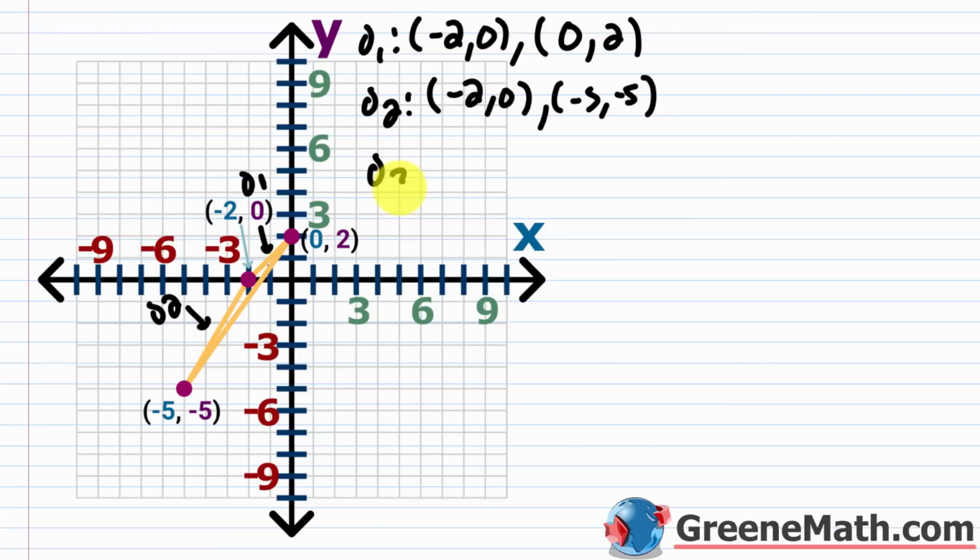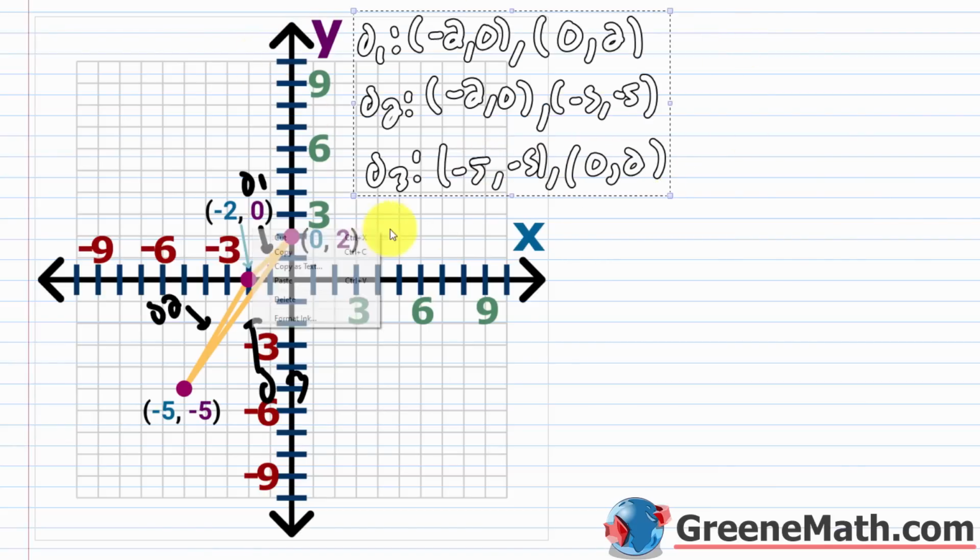And then for D sub 3, let's say that's this piece right here. So clearly that would be the largest distance here, right? Because that's the longest side of this triangle that we're forming. So let's say that's from -5 comma -5 going to 0 comma 2.